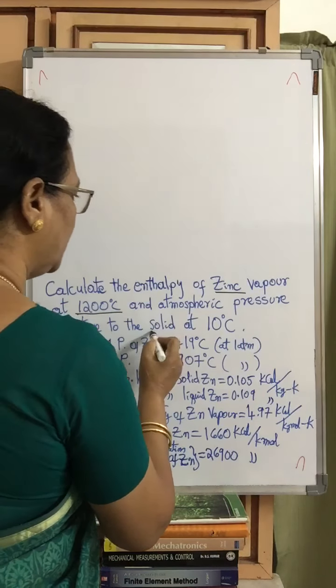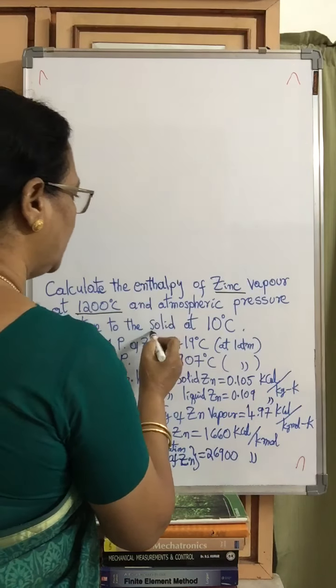Okay. So what quantity of heat is to be supplied to convert solid zinc at 10 degrees centigrade to zinc vapor at 1200 degrees centigrade?